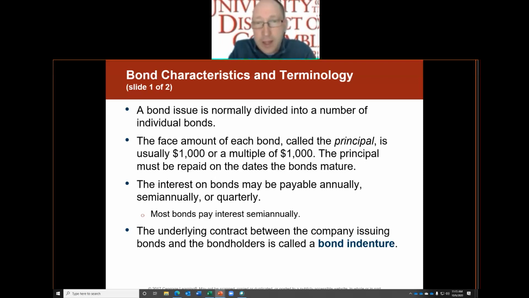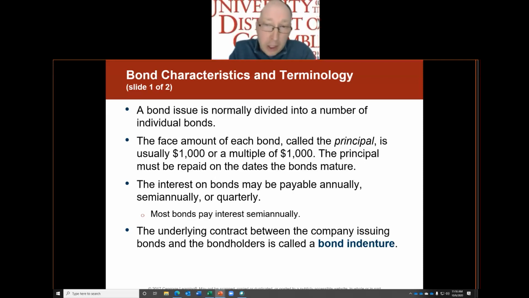That $100,000 is typically made up of a number of small individual bonds. In other words, a bunch of small bonds add up to a larger bond. That's the idea behind bond issuance.